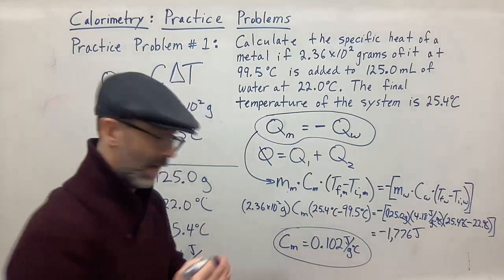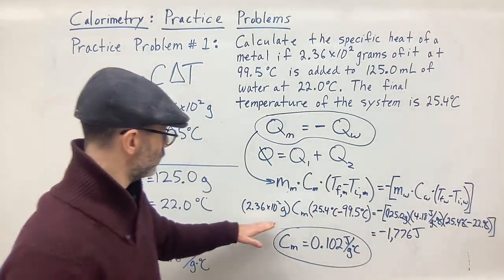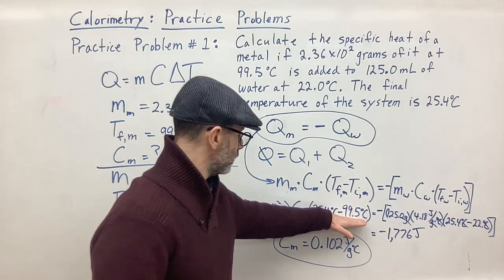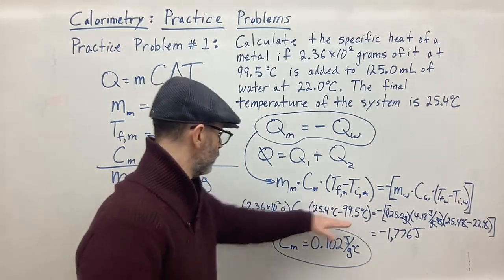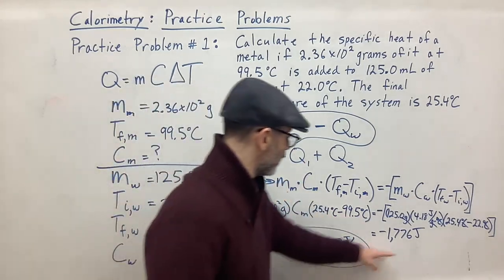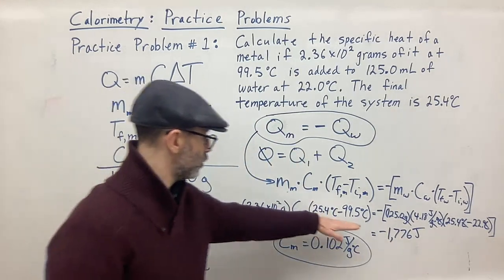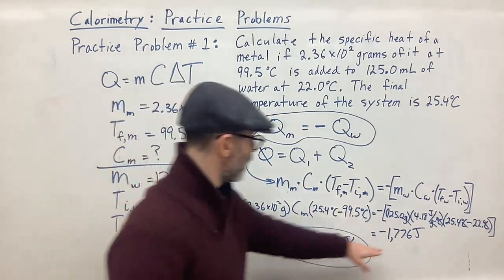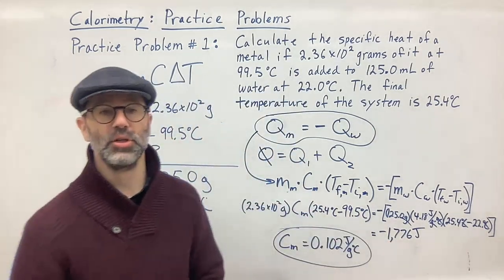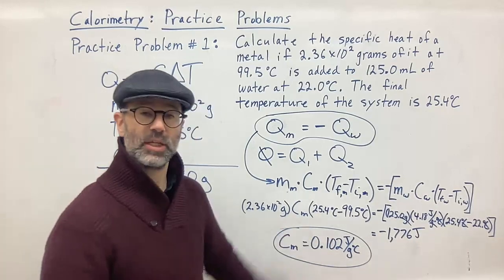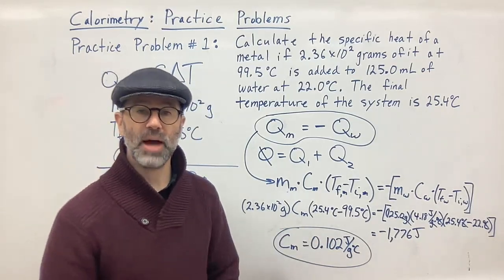So that's what you should get when you finish the calculation. To figure out what this is, multiply these together and then divide by that. Now this should be a negative, so when you divide by negative, it turns positive. So your specific heat should be positive.